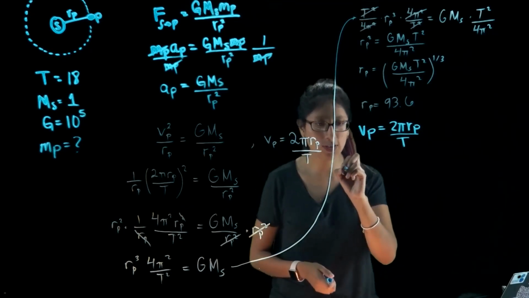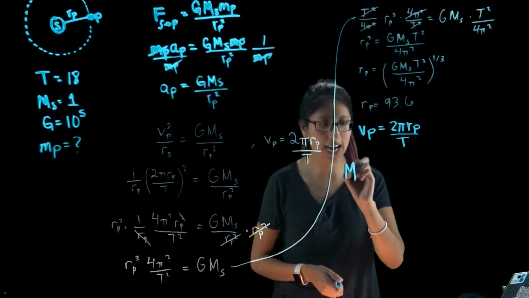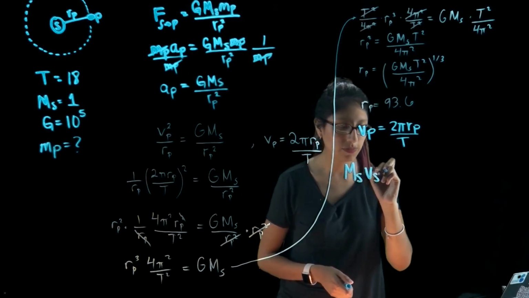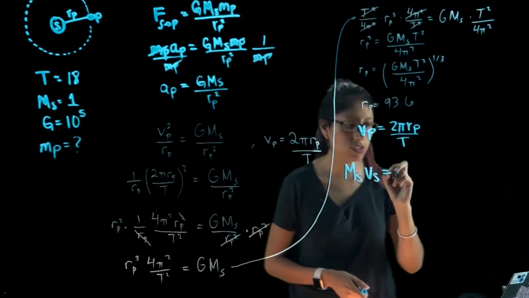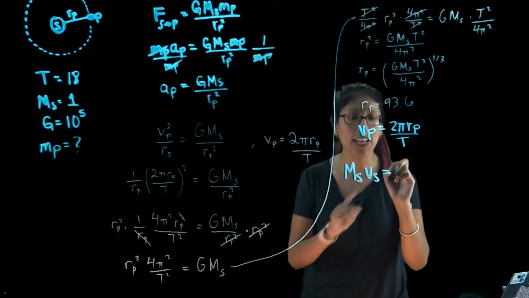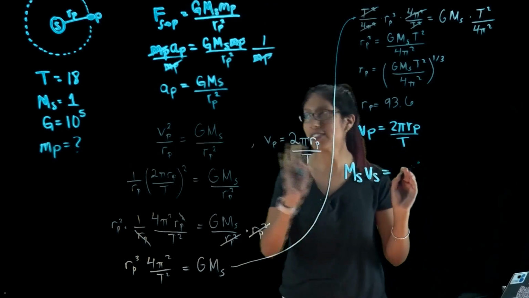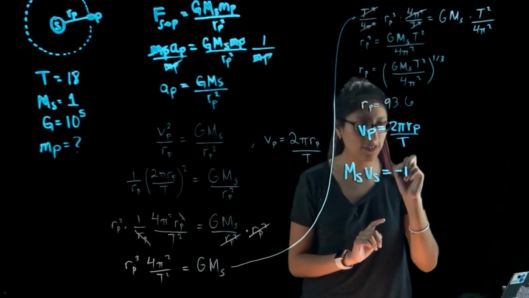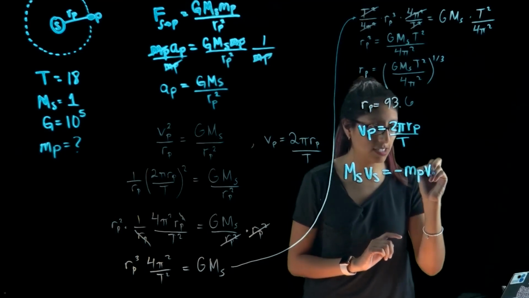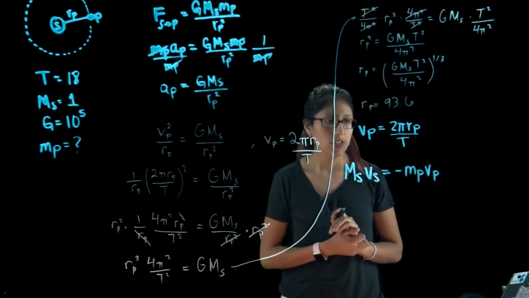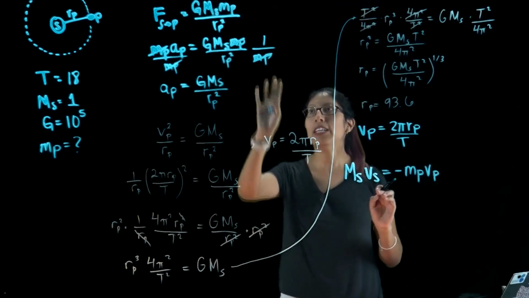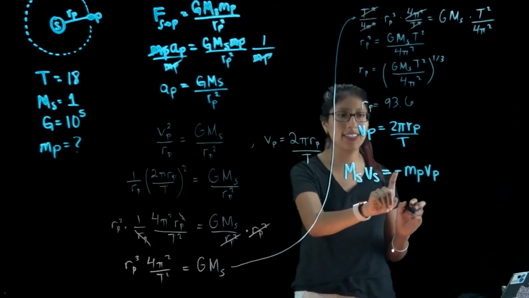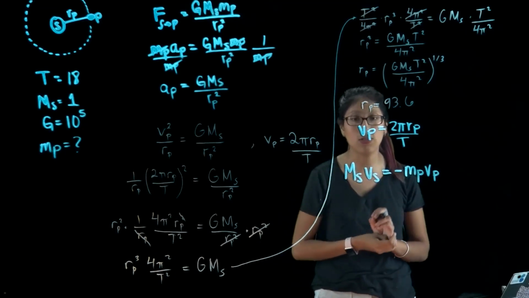And to remind you all, that was the mass of the sun times the velocity of the sun equals, in order for the sun not to be moving around, negative mass of the planet times velocity of the planet. Since I mentioned up here that we're working with magnitudes, we don't want this negative sign in here because that's giving us a direction.